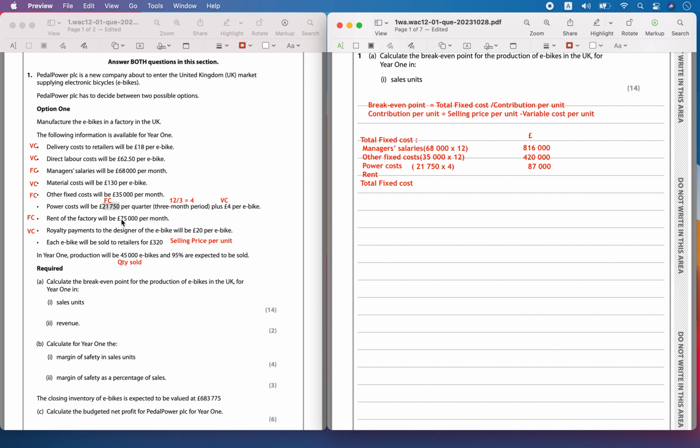Then you have the rent. We can see that the rent is 75,000 per month, and so when you calculate for the entire year, 75,000 times 12, that's going to be equal to 900,000. So the rent paid is 900,000. And then you have the total fixed cost. So let's calculate the total fixed cost.